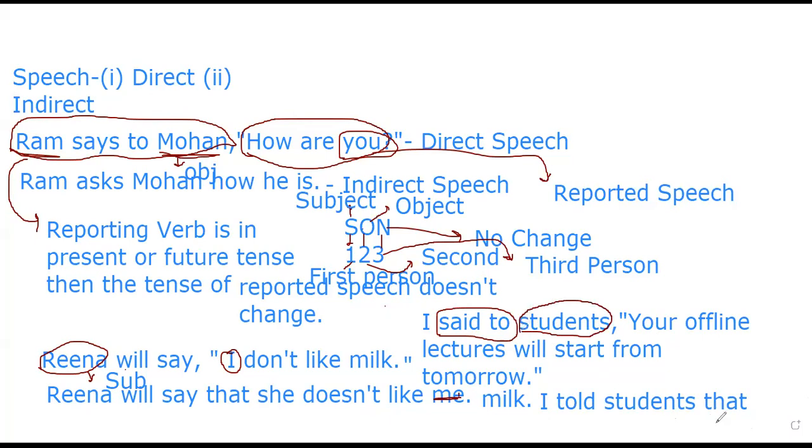So I told students that their offline lectures will change into would. Because I told you that if the reporting verb is in past tense, the tense of reported speech changes accordingly. So what is the past of will? Would. So offline lectures would start.